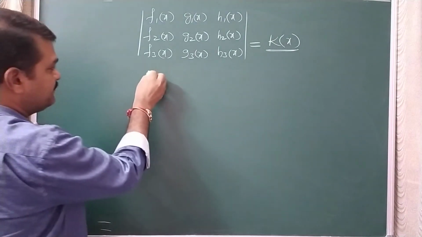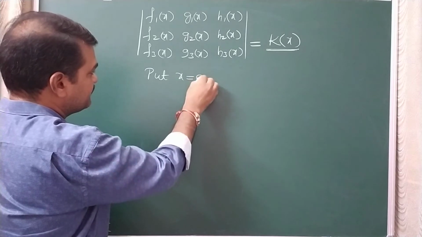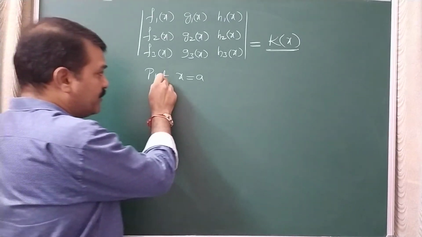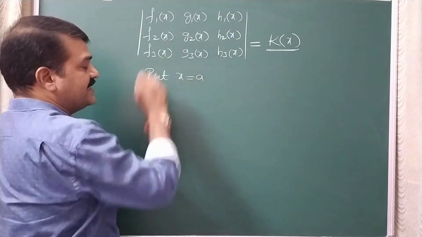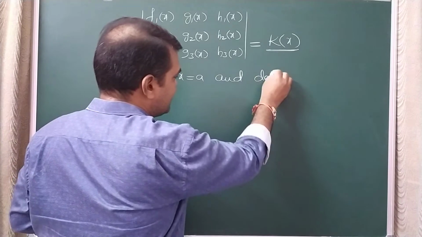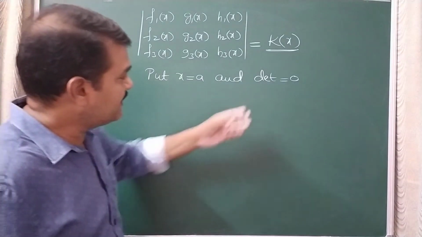so here when you put x is equal to a in this determinant, and this determinant becomes 0, determinant means what? This k of x, no?